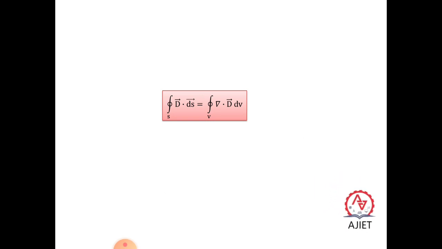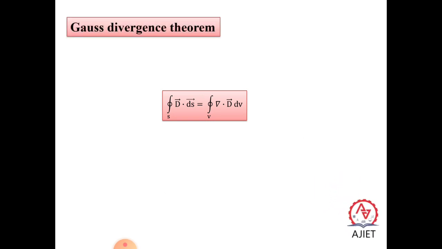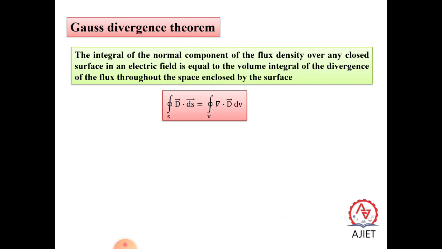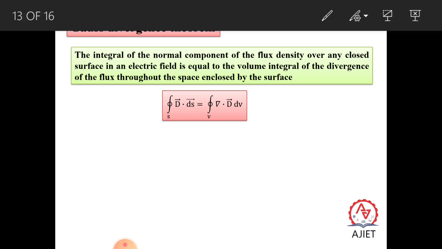Next, a very important one, the Gauss divergence theorem. What does it tell? The integral of the normal component of flux density over any closed surface, that is the integral of D dot dS over the closed surface, is equal to the volume integral of the divergence of the flux through the space enclosing the surface.